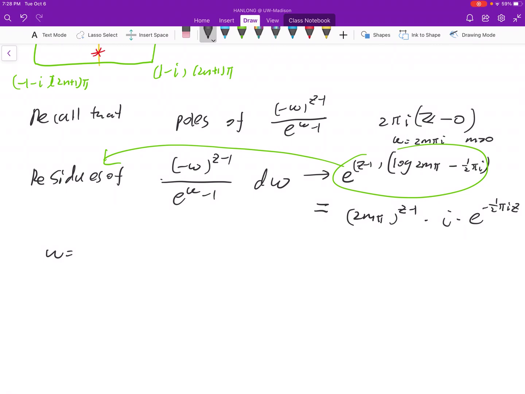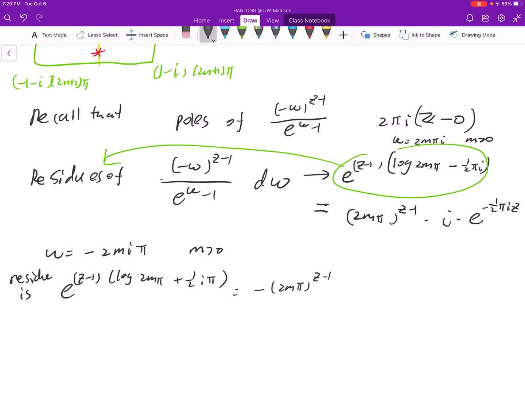Similarly, if ω is −2miπ, m greater than 0, then the residue is e^((z−1)(log 2mπ + 1/2 iπ)), which equals −(2mπ)^(z−1) i exp(1/2 iπz).